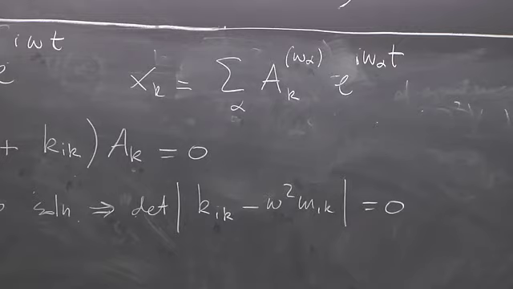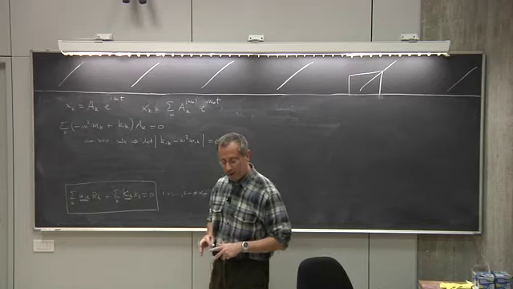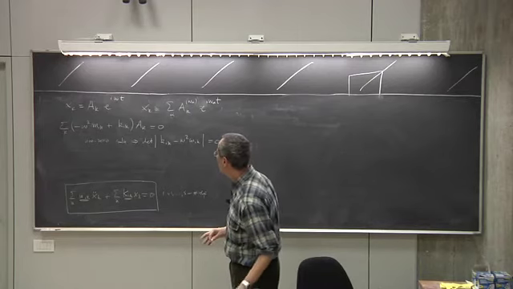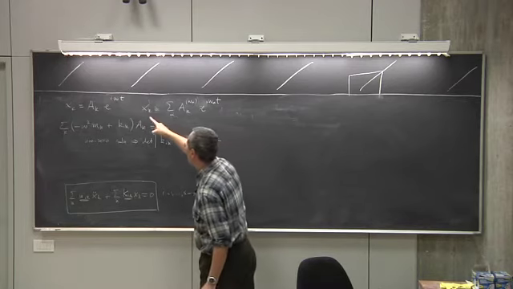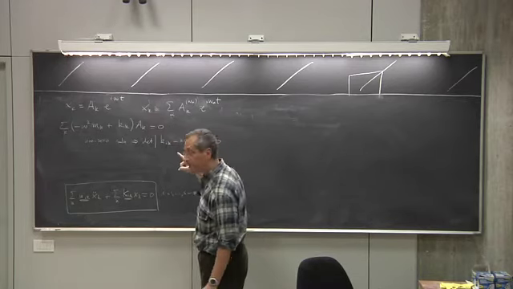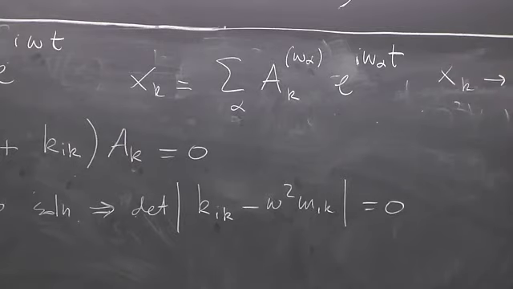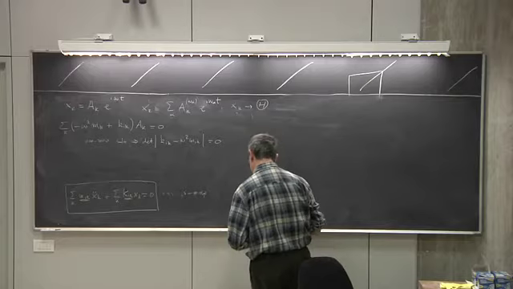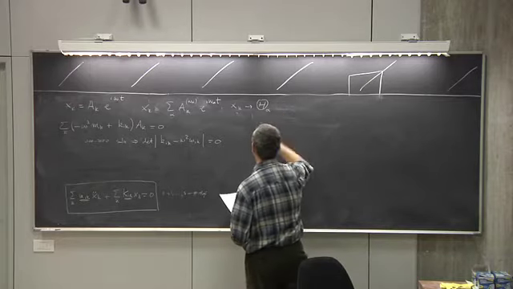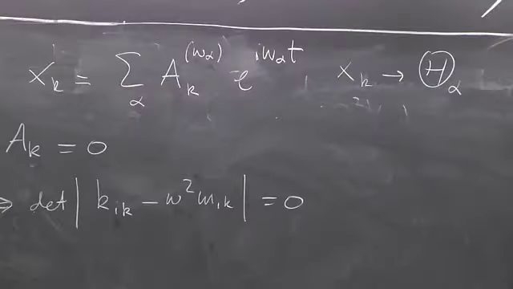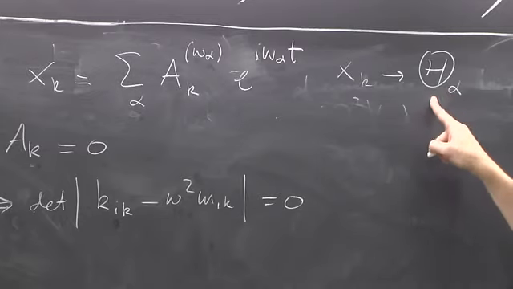But it's a weird superposition, and clearly you can do a coordinate transformation, so you go from this xk to new coordinates that I call theta alpha, where alpha reminds you of the fact that I want coordinates.